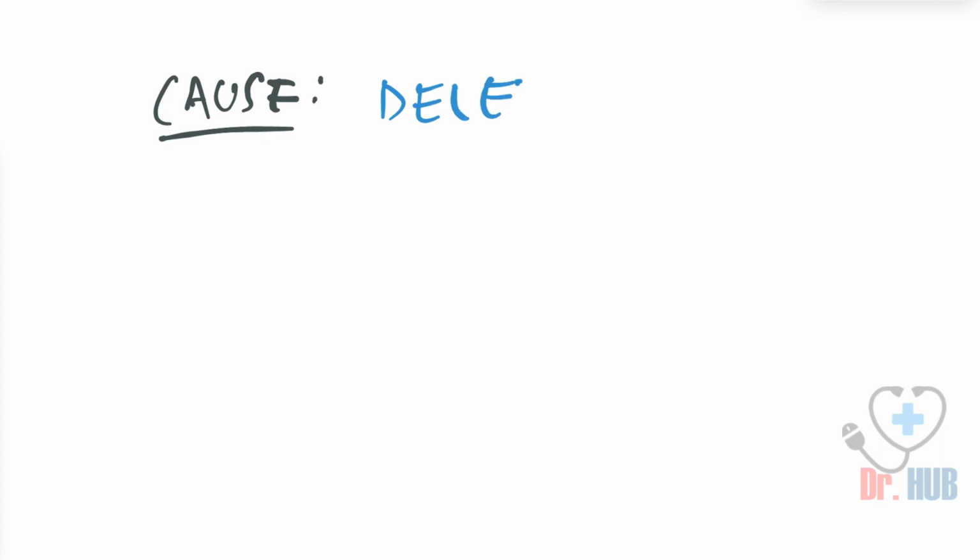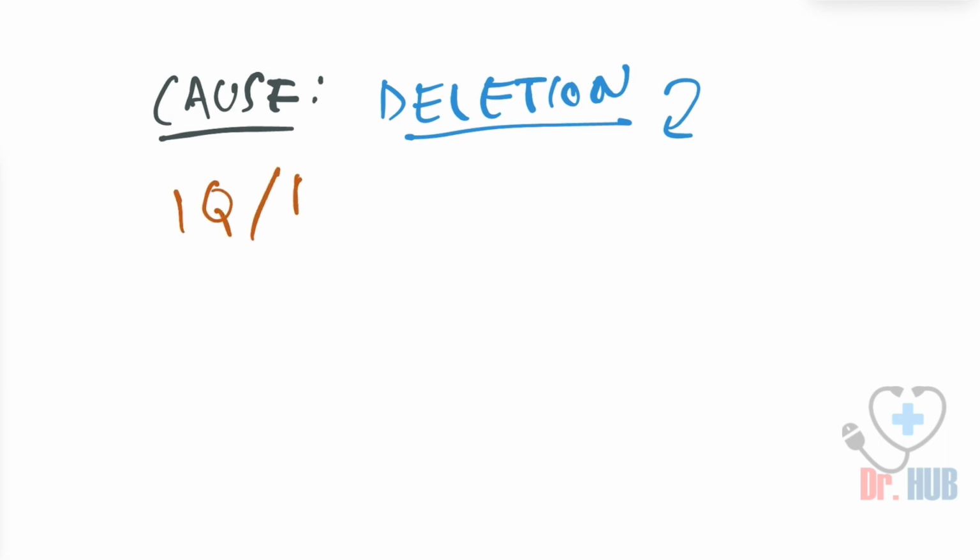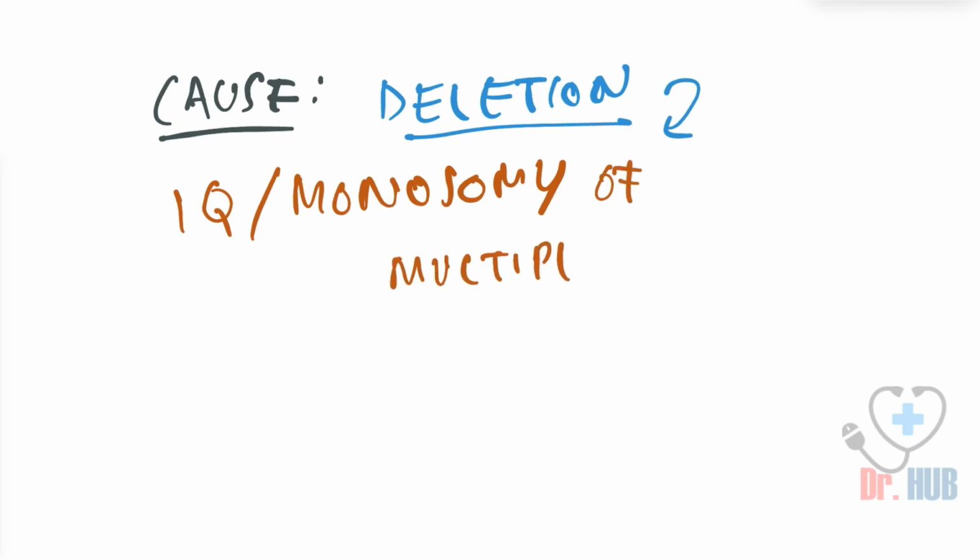Now to move ahead, what is it caused by? The collecting duct is caused by a deletion of 1q. Also there is monosomy of multiple chromosomes.